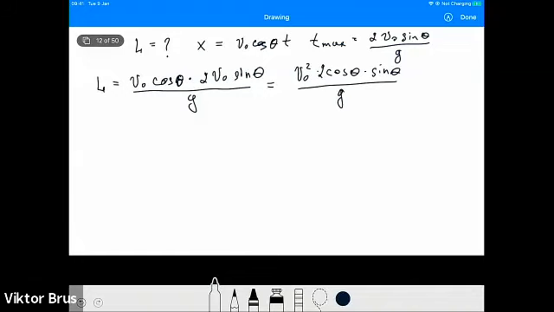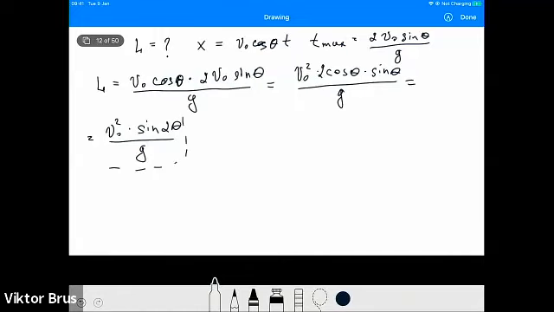According to trigonometry rules, we can transform this 2 multiplied by sine theta multiplied by cosine theta as sine of 2 theta, so it will be equal to v naught squared multiplied by sine of 2 theta divided by g. So this is the equation for maximum length.